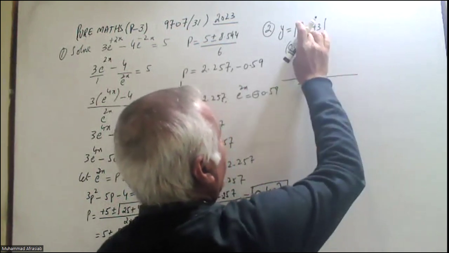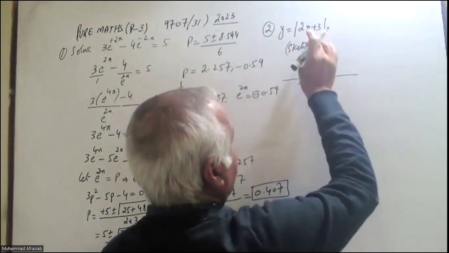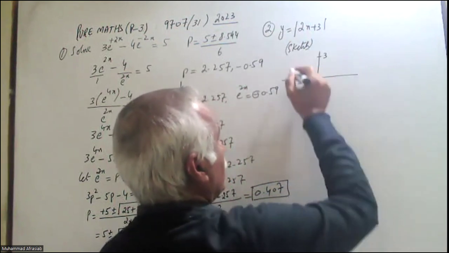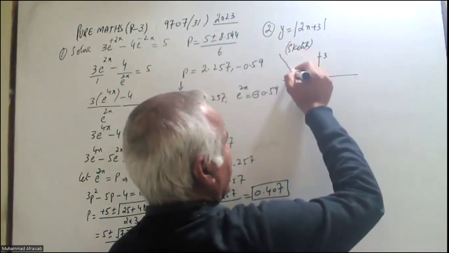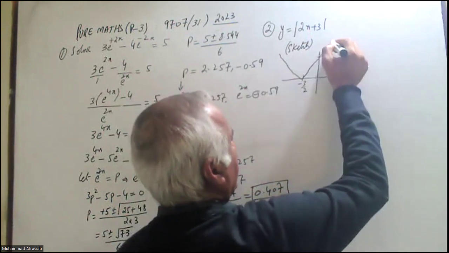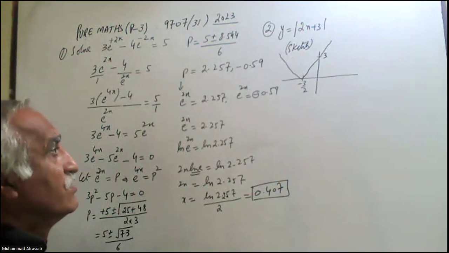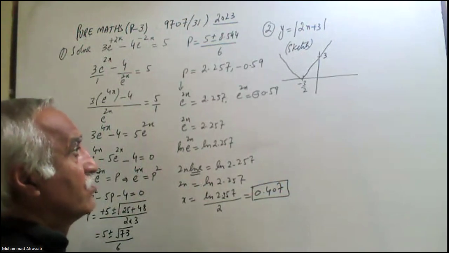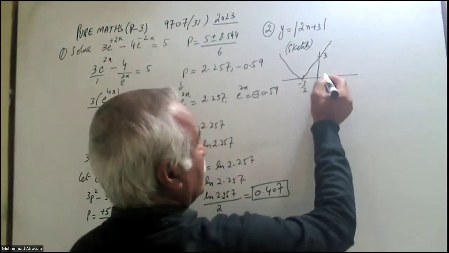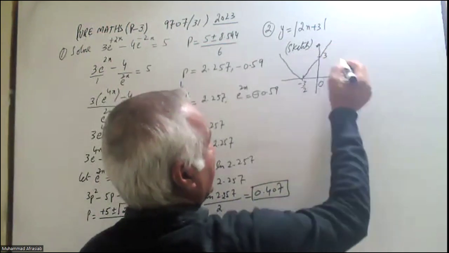And if we put y equal to 0, then the x value is minus 3 by 2. So this is the sketch of this graph, shifted 3 over 2 units left of the origin.